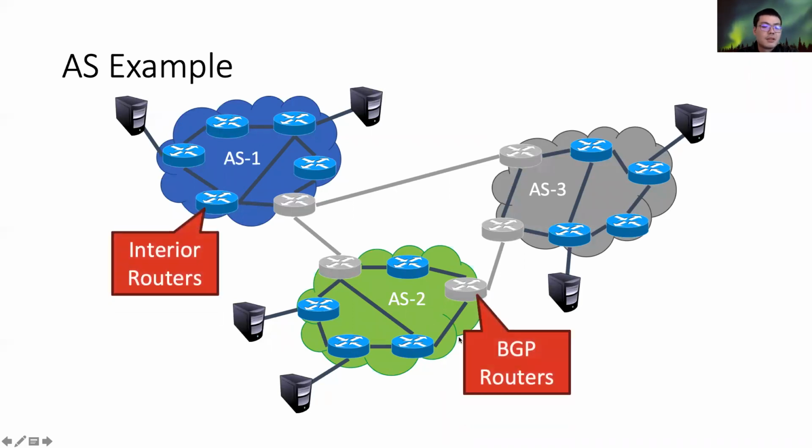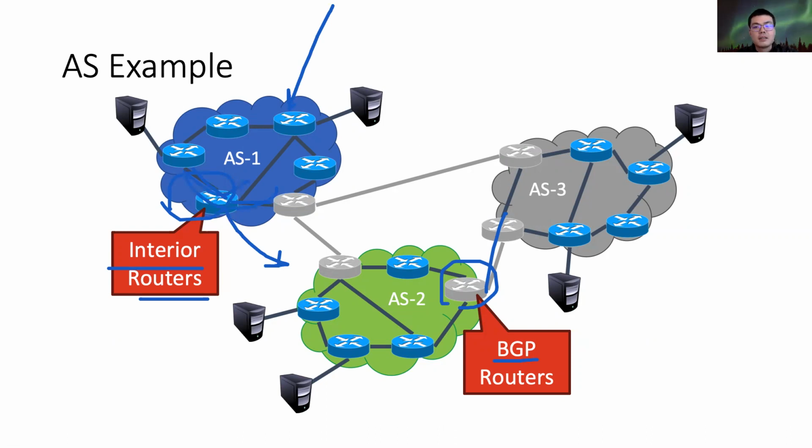So if you look at the router here, this is the border gateway router because you have a link going to another domain. This one is called the interior router because it totally serves your own domain. You don't route the traffic outside; you only route traffic within your domain.